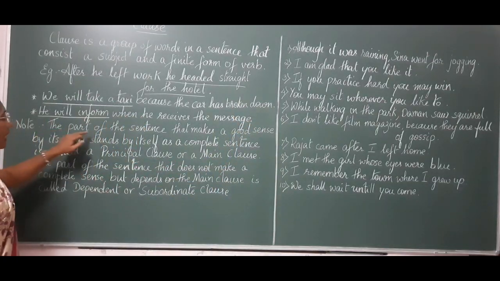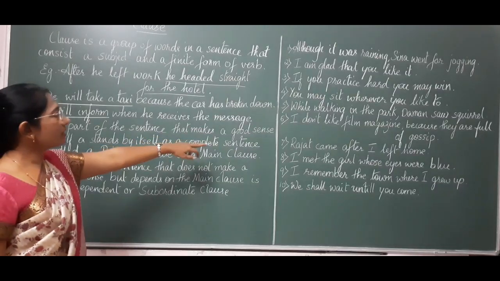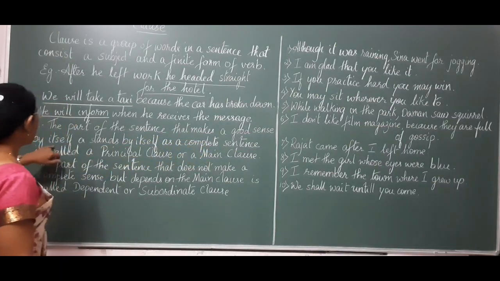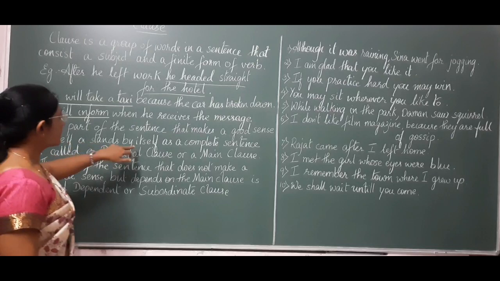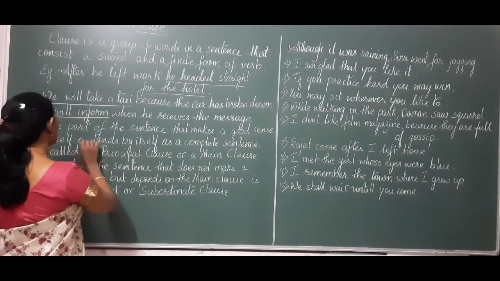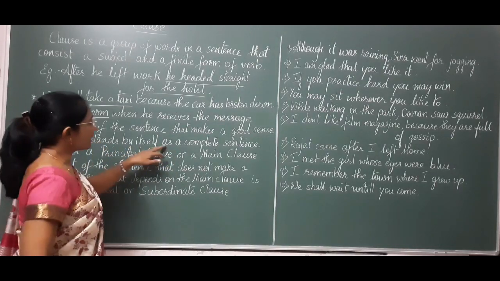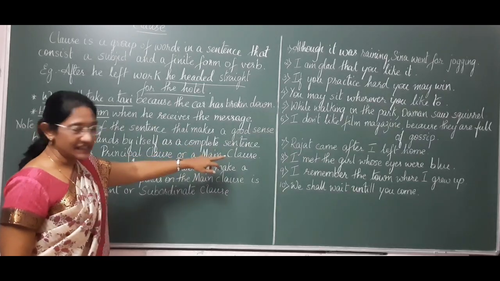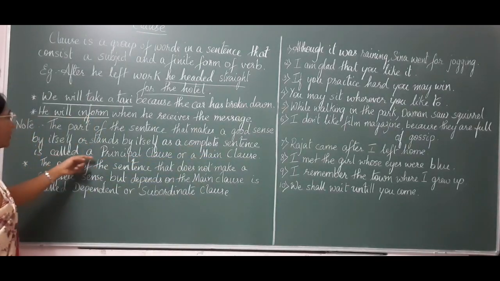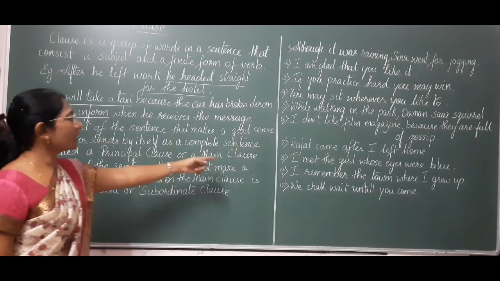Now, the part of the sentence that makes a good sense by itself or stands by itself as a complete sentence is called a principal clause or a main clause.